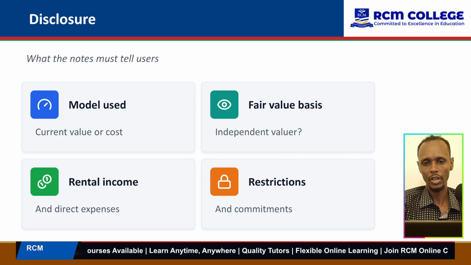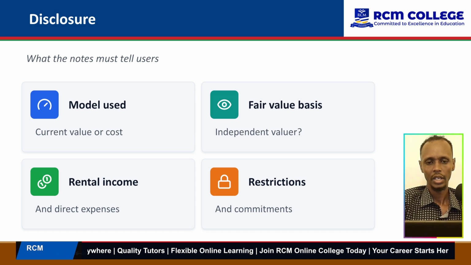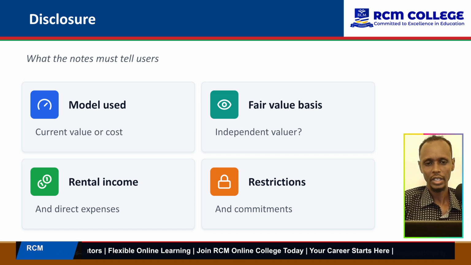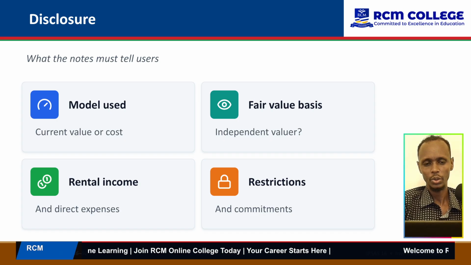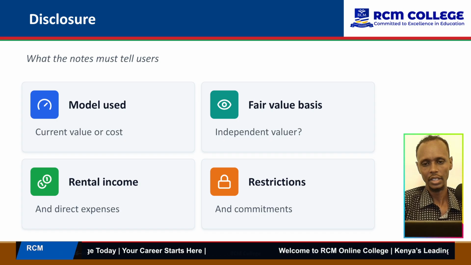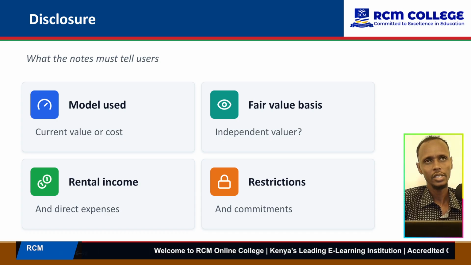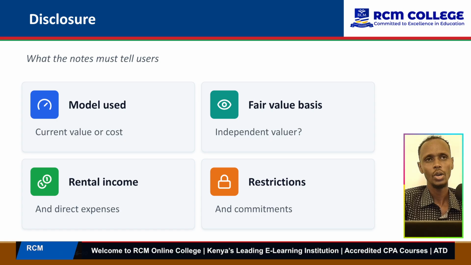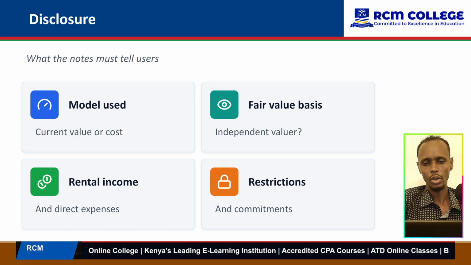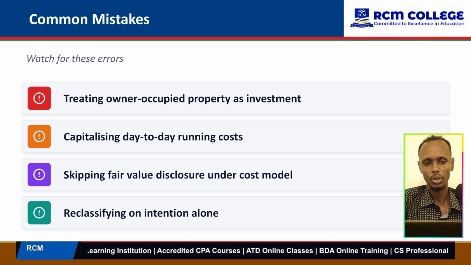If you use the fair value basis, then you look at the independent valuer, and then rental income, you also disclose any direct expenses related to that rental income. And then any restrictions, for example property used as security to borrow a loan, and any other commitments you talk about.